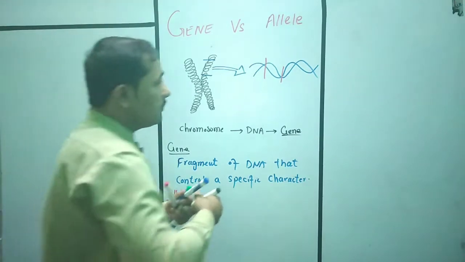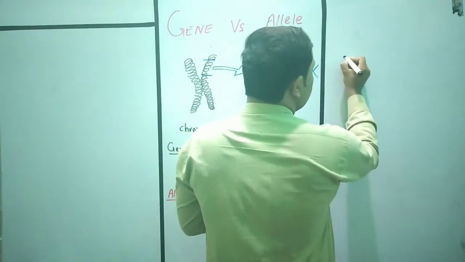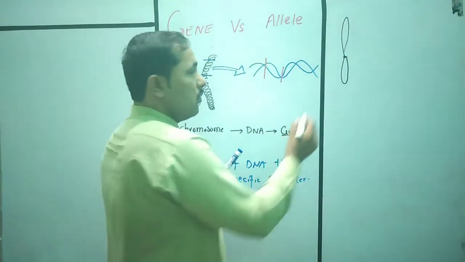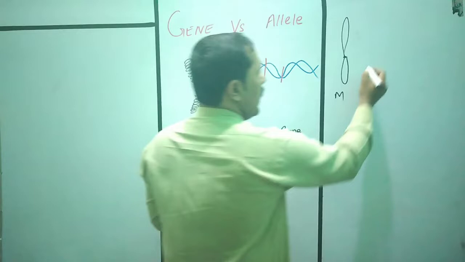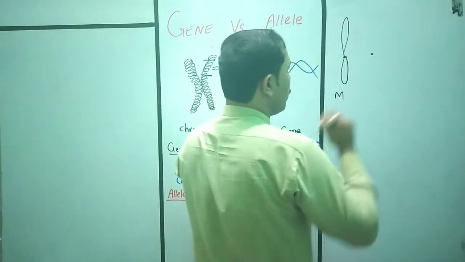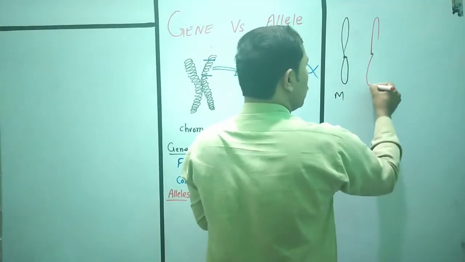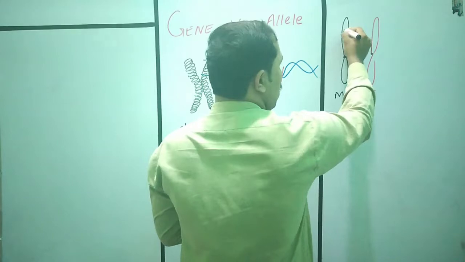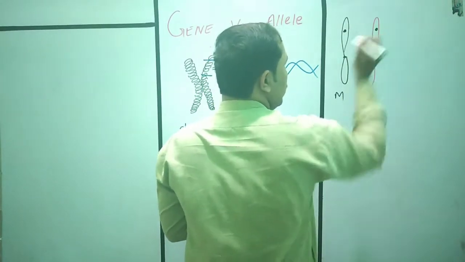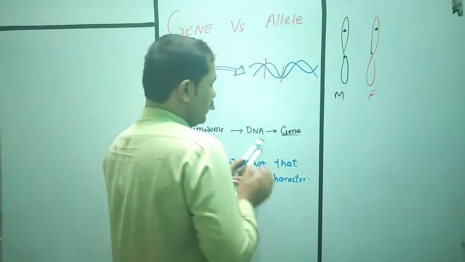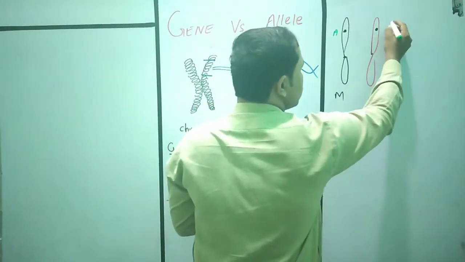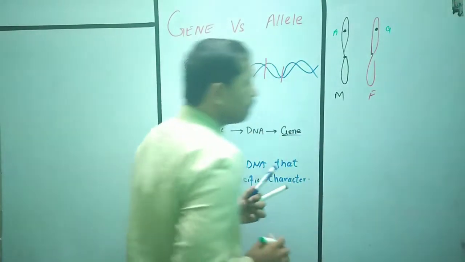We see that this is a chromosome before replication from the mother, and this chromosome is from the father. Each carries a gene on the same locus. This gene is denoted by capital A, and this one by small a.